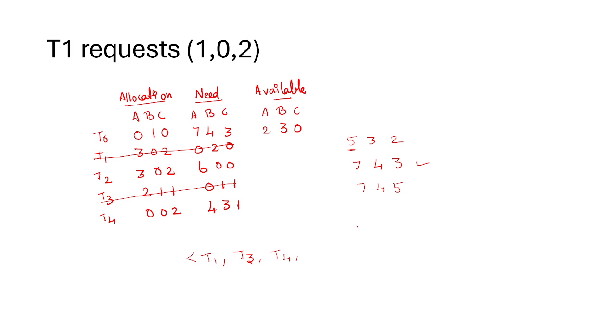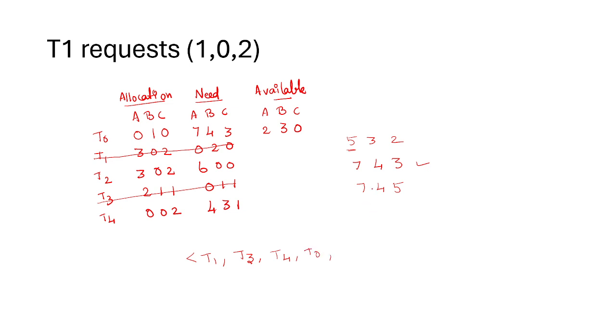Now go with T0 again. Check whether T0 can start its execution. Yes, the needed resources are available, so T0 starts its execution.